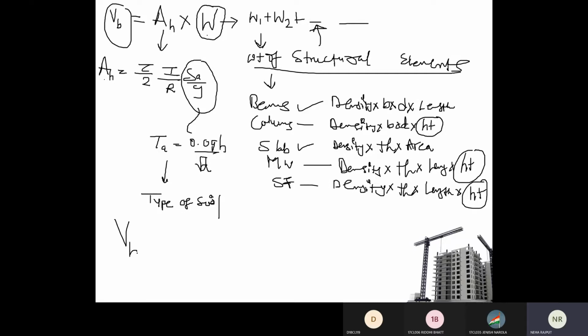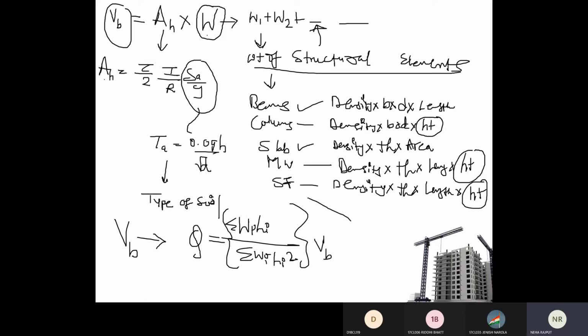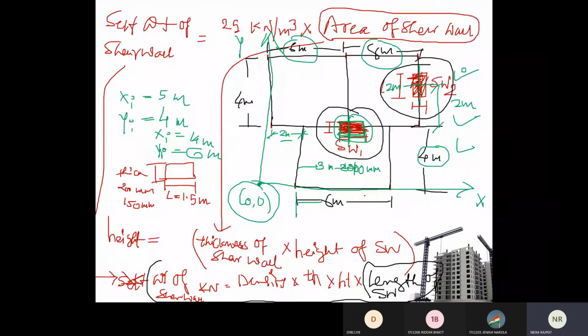Then after, once you got the base shear, you need to distribute this base shear to the corresponding height of the building by this equation, right? Also we have discussed how to find the center of mass.